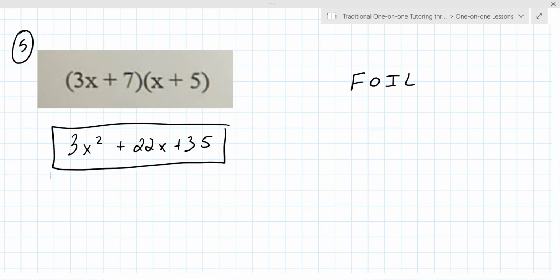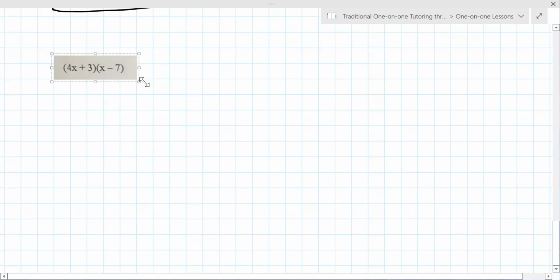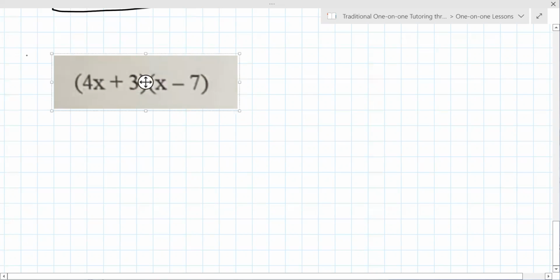Okay, let's go back to number 3 and work this one out together. Again, whenever there's a subtraction there, you just have to be a little more observant and know that the negative really goes with the 7. But again, you're going to see a lot of students do this. You write 4x times x, or they draw this line. They say 4x times x is 4x squared.